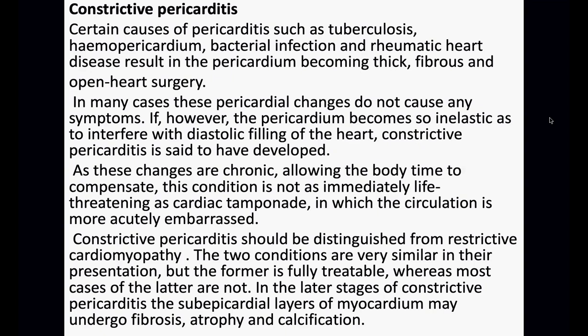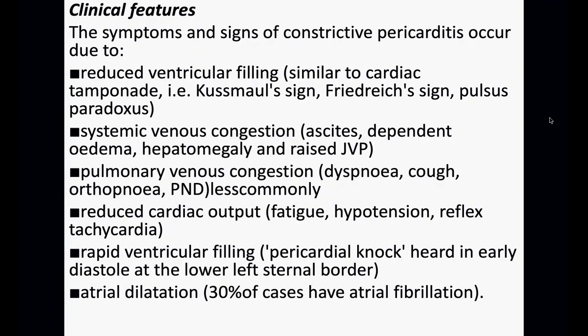Clinical presentation. The symptoms and signs of constrictive pericarditis occur due to reduced ventricular filling and pulmonary venous congestion. So it produces symptoms of reduced cardiac output with fatigue, hypotension, and reflex tachycardia. Atrial fibrillation occurs in 30% of cases.